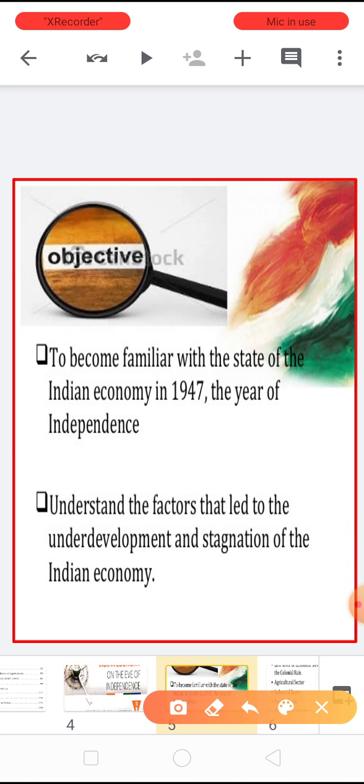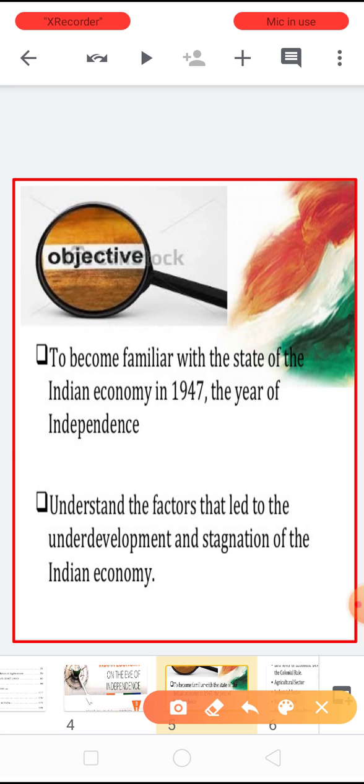In order to understand the various phases of development, it is very important to look first at the state of India's economy prior to the country's independence and form an idea of various considerations that shaped India's post-independence development strategy. So children, the main objective is that we are going to learn in this book the features of the Indian economy and its various phases of development.